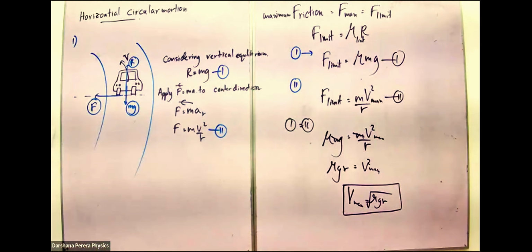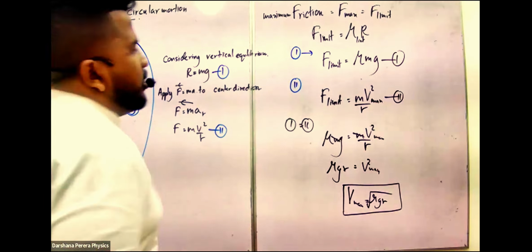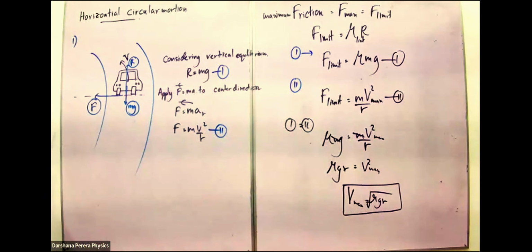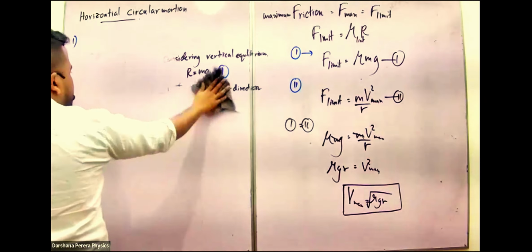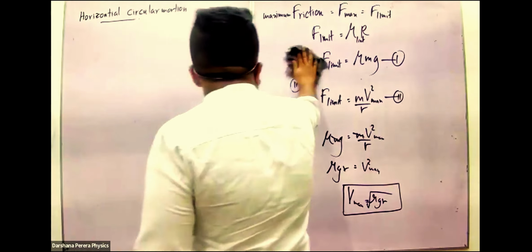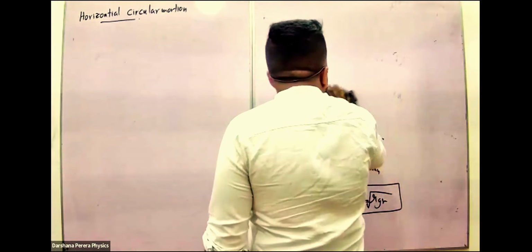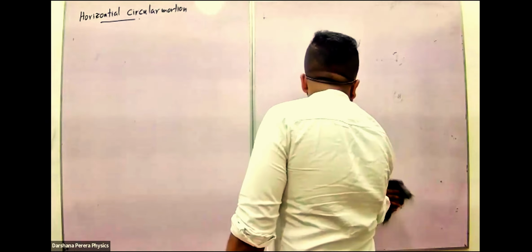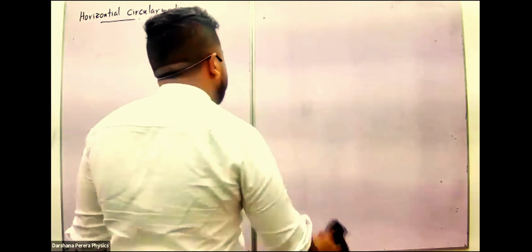Then write down the example. A vehicle moves along a circular bend which has a radius of 20 meters, and the limiting frictional coefficient equals 0.2.